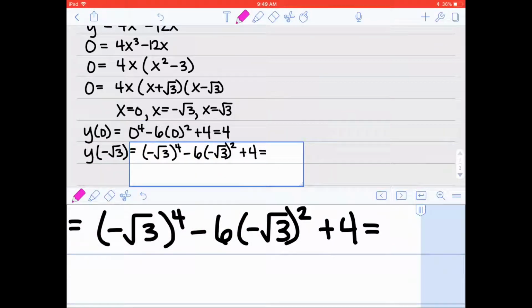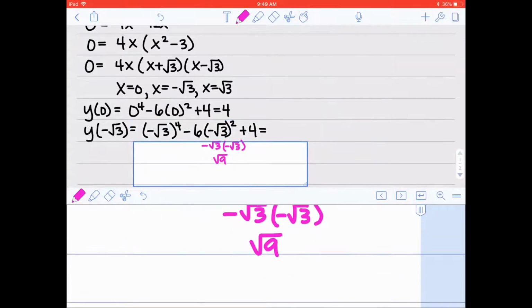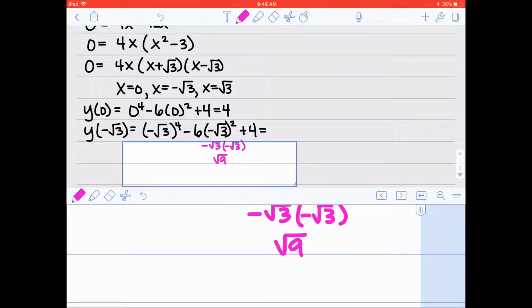Negative square root 3 squared is just going to be positive 3, because negative root 3 times negative root 3 is positive square root of 9, and that's just 3. So now that part right there is negative 6 times 3. That's going to be negative 18. We still have that plus 4 on the end.